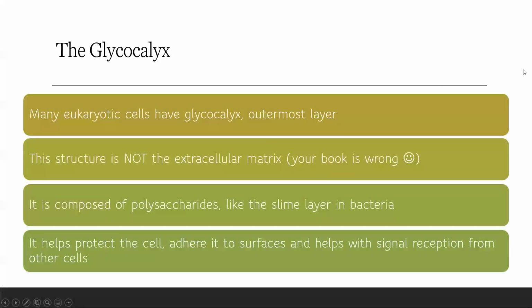The glycocalyx is that outermost layer of slime basically outside of the cell. Now, your book says that this is the extracellular matrix. And from everything that I've read and ever been taught, that is an oversimplification and not true. And I think you guys can take the full scientific truth here.